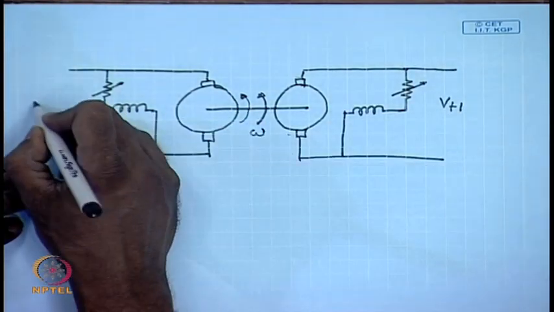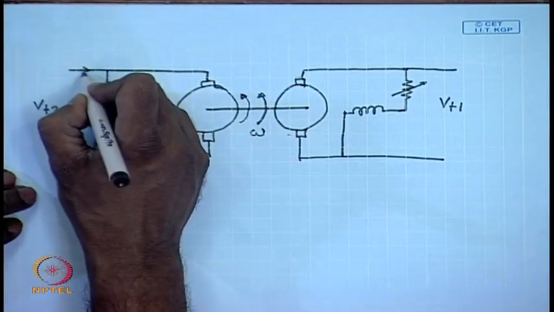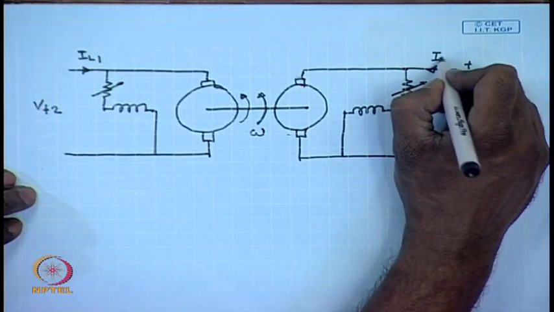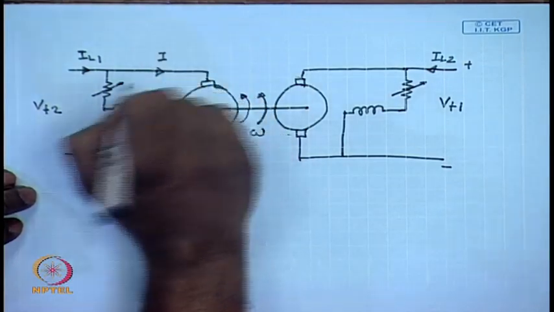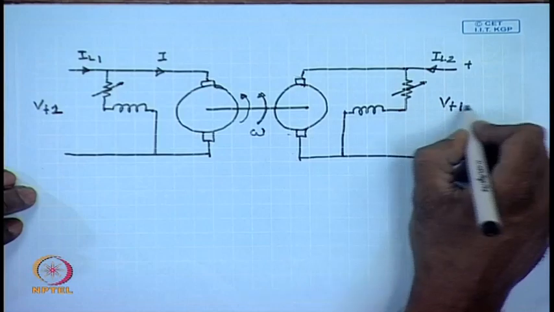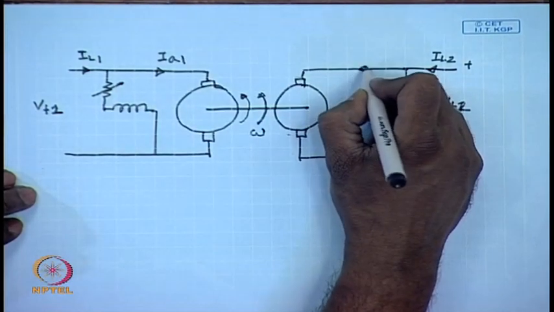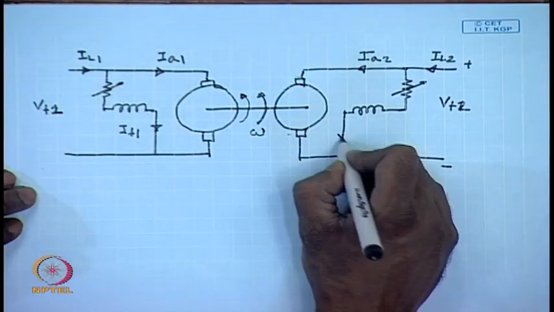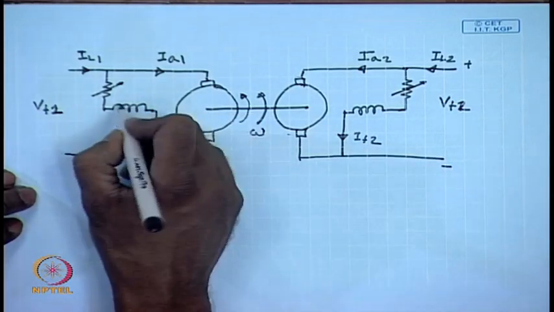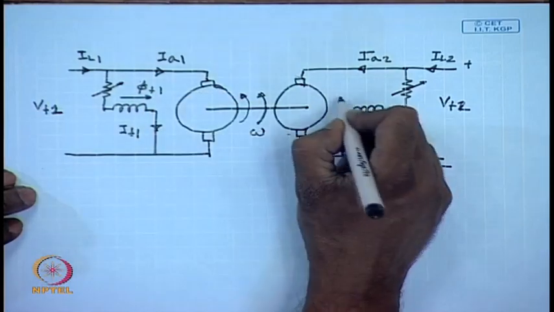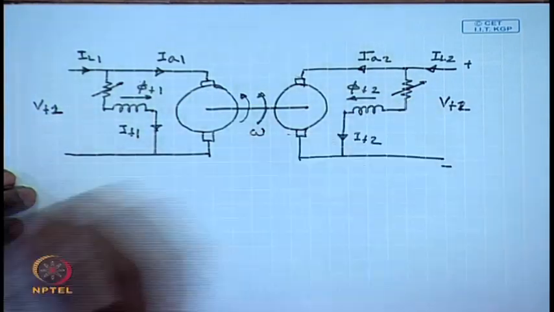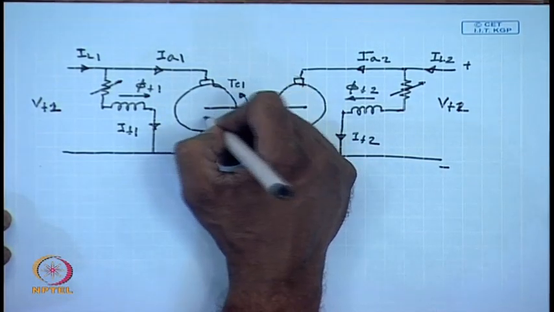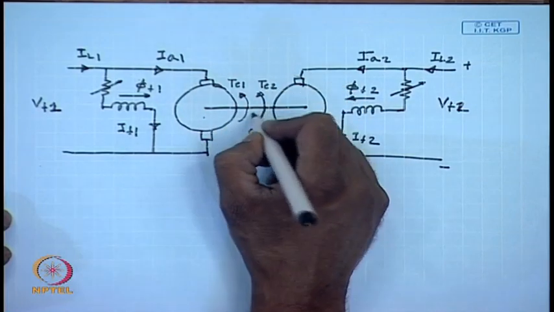Let us say this is V_T1, this is V_T2, this is I_L1, this is I_L2, V_T1, V_T2, I_A1, I_A2, I_F1, I_F2, this flux is phi_F1, this is phi_F2. Let the whole set be rotating at a speed of omega, and let us say this is the generated torque T_E1 of this machine and this is the generated torque T_E2 of this machine.